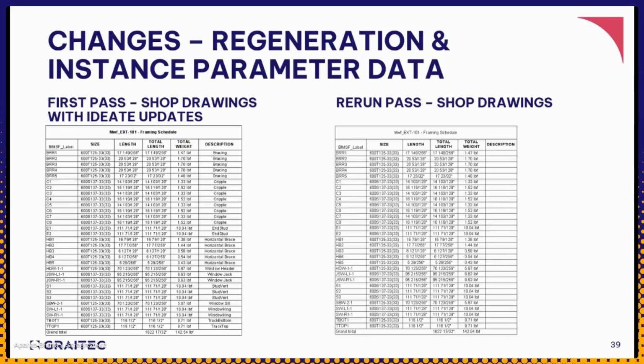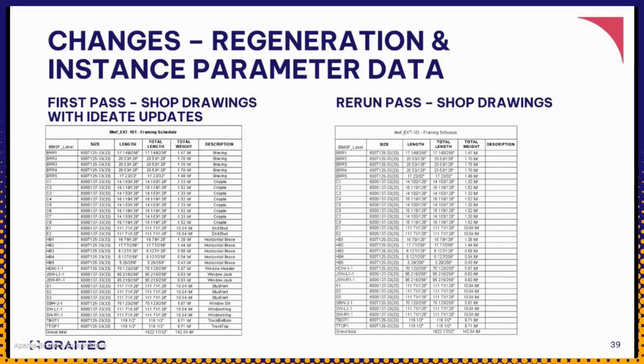Using Ideate in the first pass, we were able to put in descriptions for our members, on the left side you can see. But after we made some changes to this panel specifically, we had to regenerate the panel and then regenerate the shop.